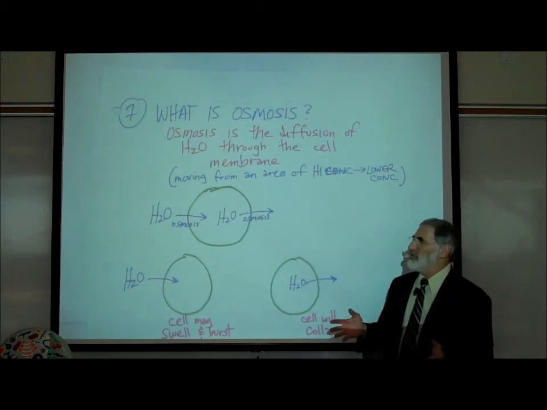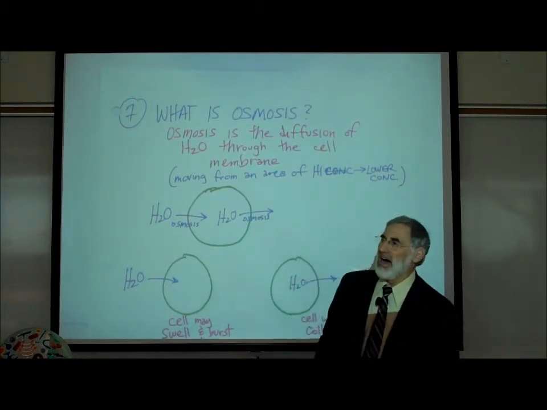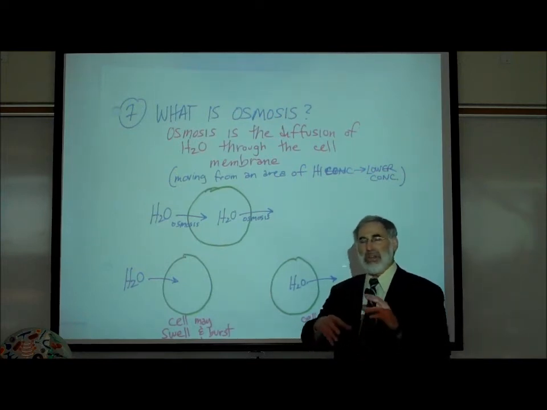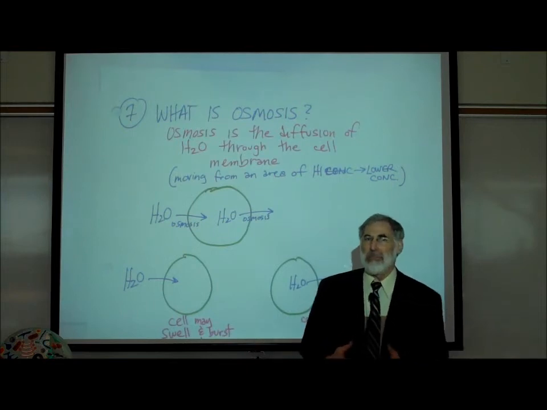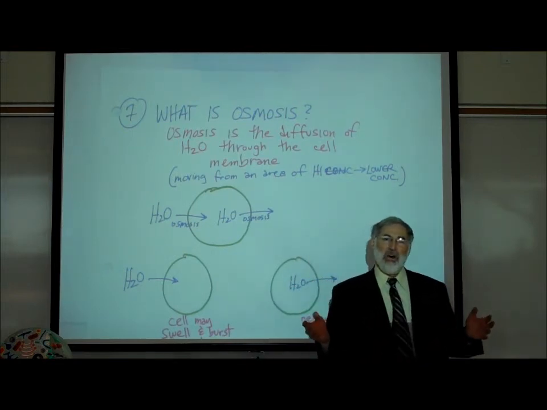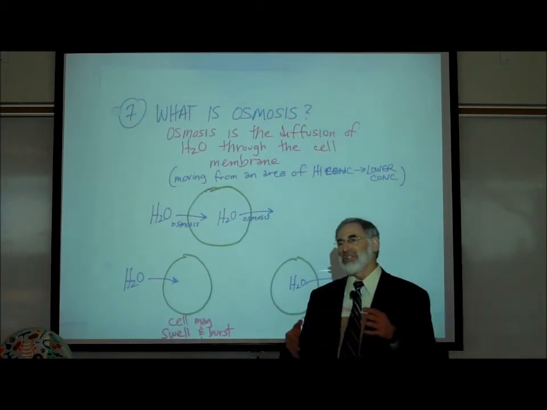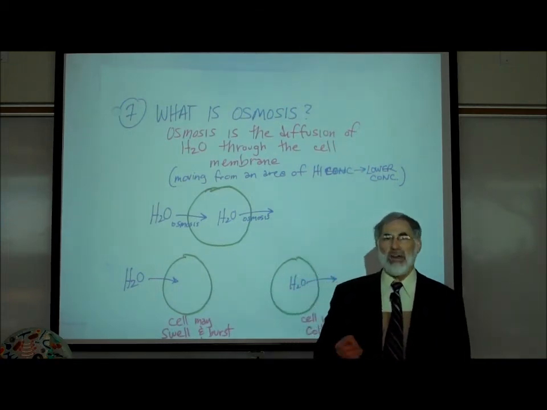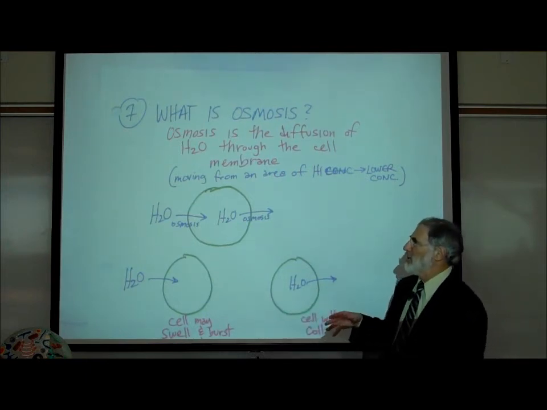I guess the reason why a special name is given to when water diffuses is because water is really the only liquid that we commonly talk about, at least in a biological or medical sense. All the other substances that are flowing or diffusing into a cell or out of the cell are either solids or gases, and water is really the only liquid.